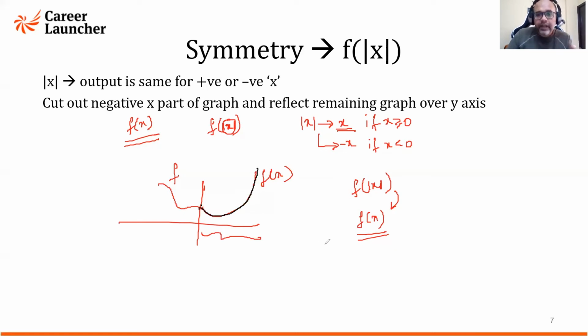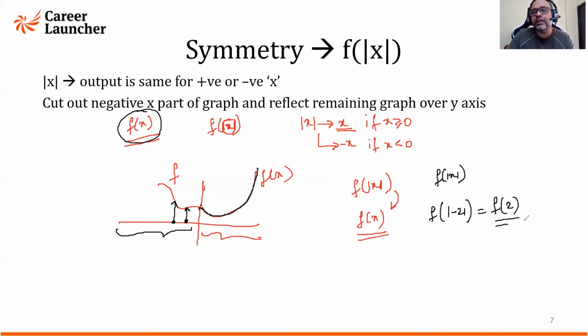Correct? Now look at the negative side. The problem is in my f of x, when x is negative, my answer is this output. Correct? That is what is happening in my f of x. But in your f of mod x, if you put f of mod minus 2, the answer is supposed to be f of 2 itself.